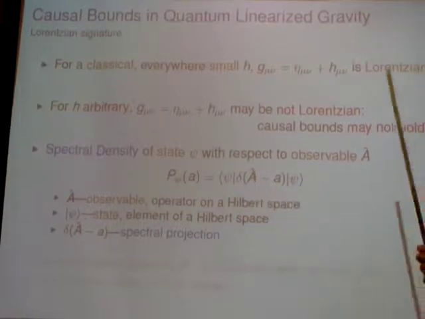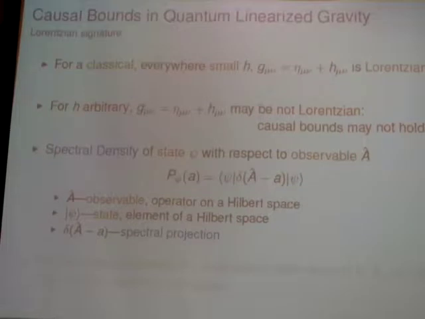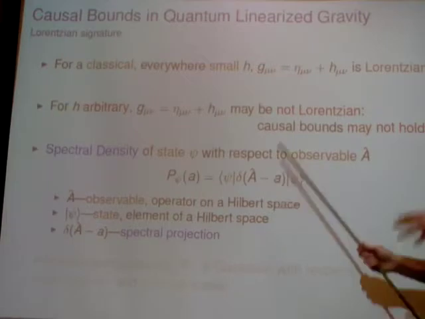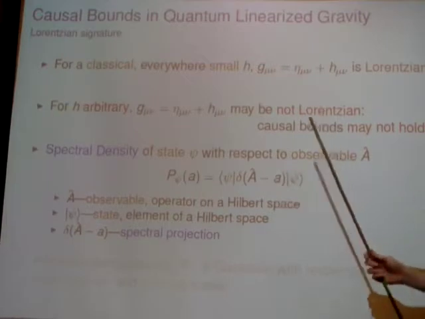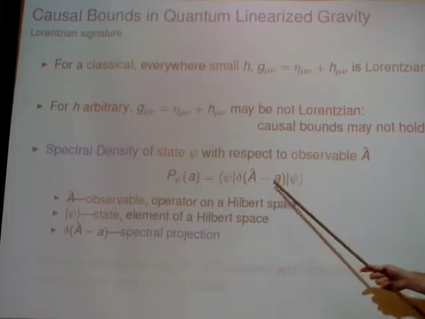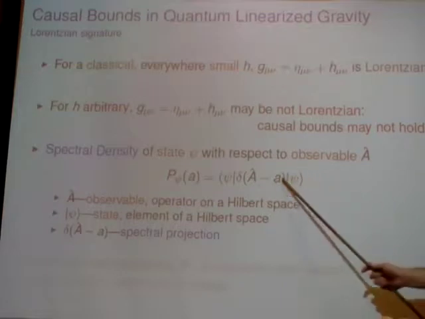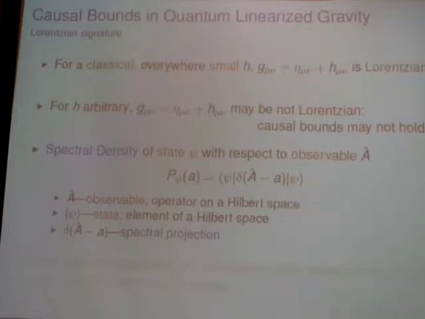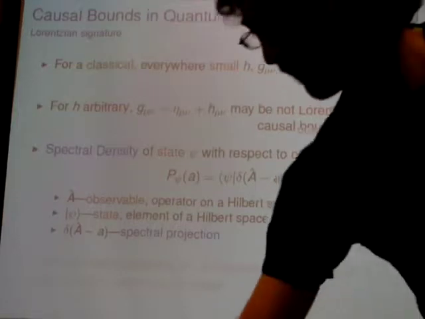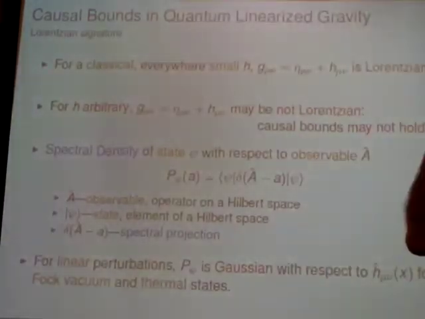Okay. So it's like the modulo squared of a wave function. When you consider all the information from it except probabilities of obtaining eigenvalues of a particular fixed observable.